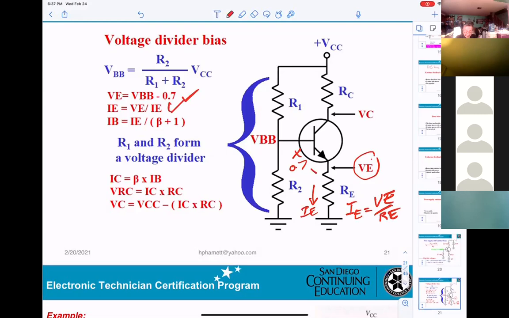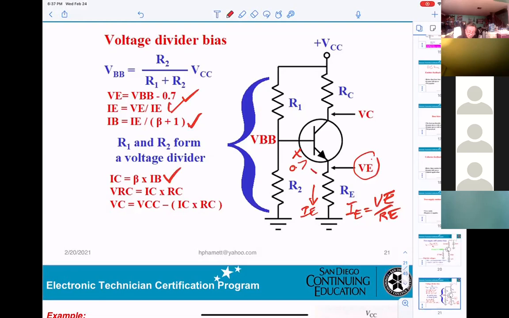After you get IE, you can calculate the IB by this formula: IB equals IE divided by beta plus 1. And after you get IB, you're able to calculate the IC, beta times IB.